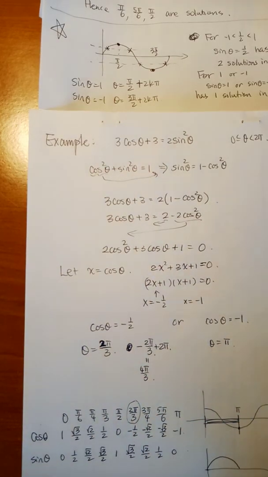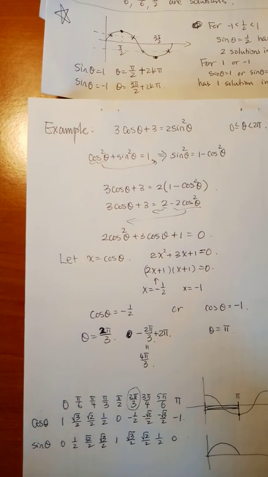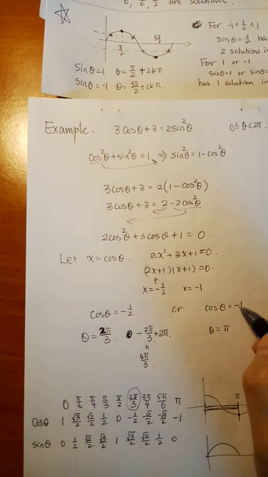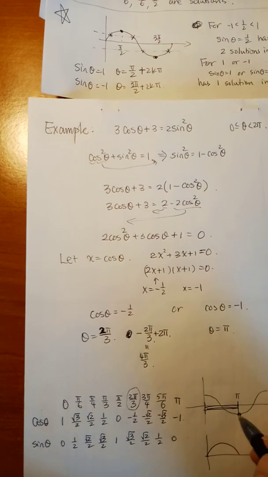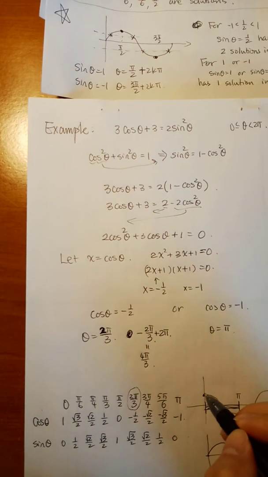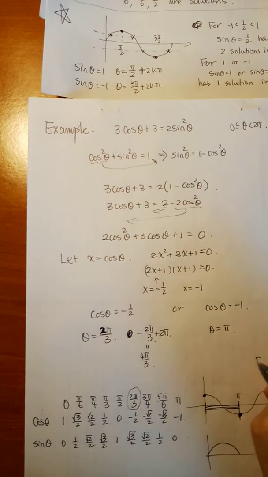That's a thing I memorized in this table. This table is very, very important. And also, pi is the unique solution for cosine theta equal to -1. And 0 is a unique solution for cosine theta equal to 1.